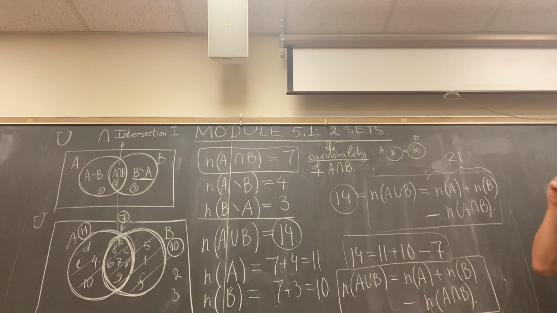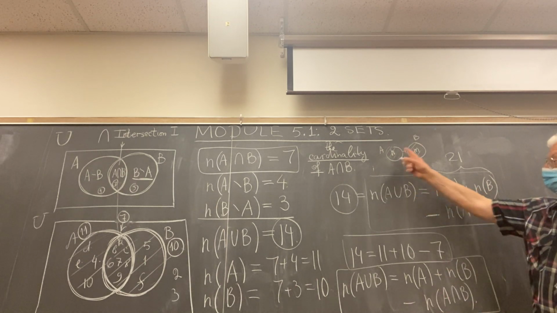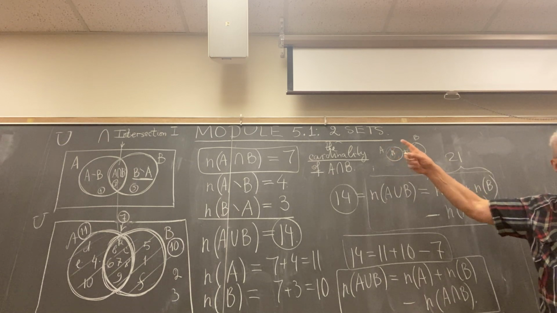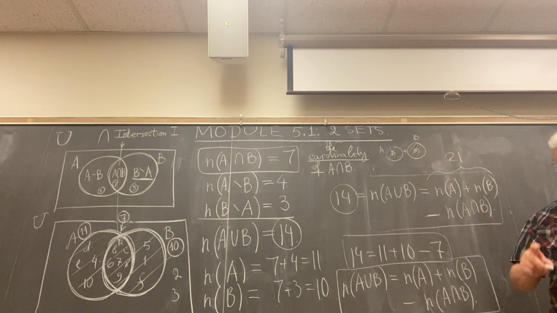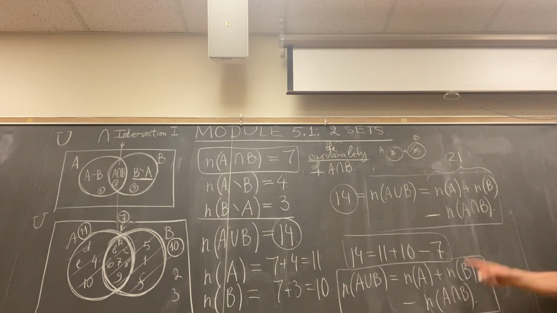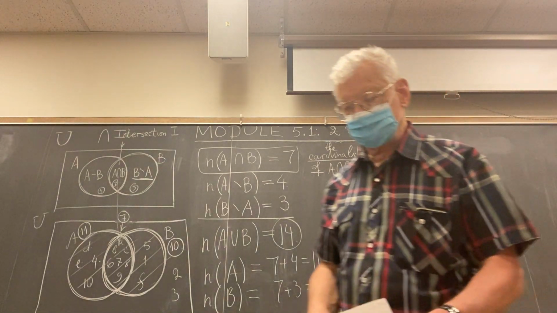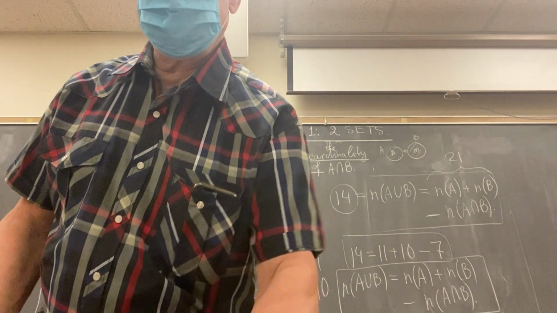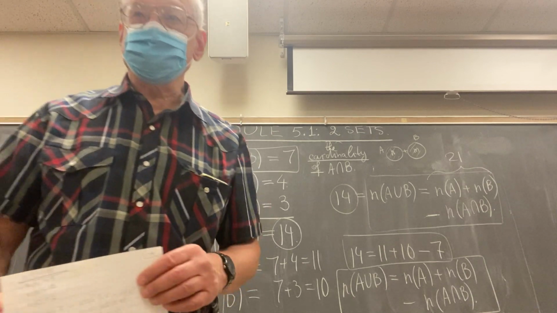No common intersection. Or using this formula, N plus M minus intersection. But the intersection is empty, 0. So you subtract 0. That's why you add. Got it?